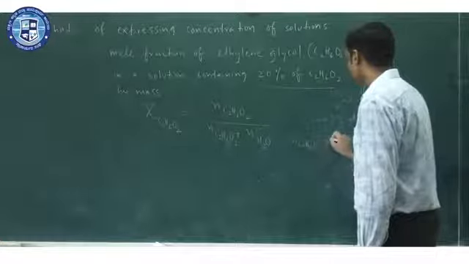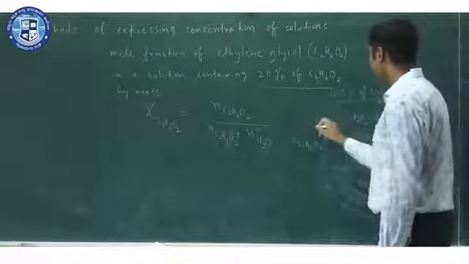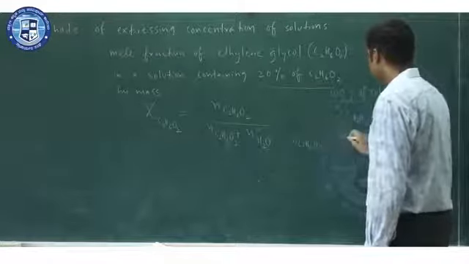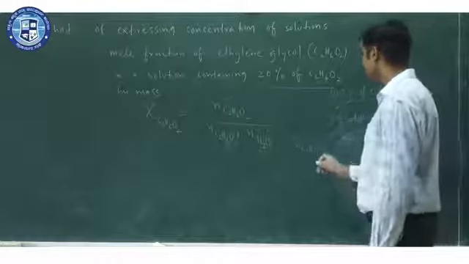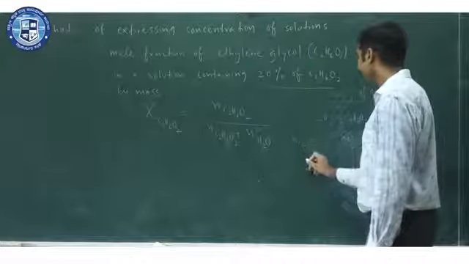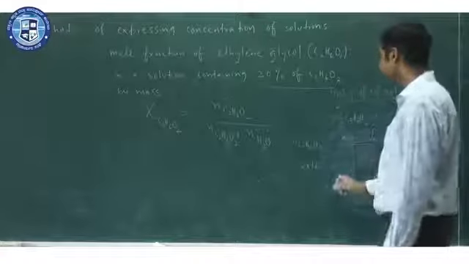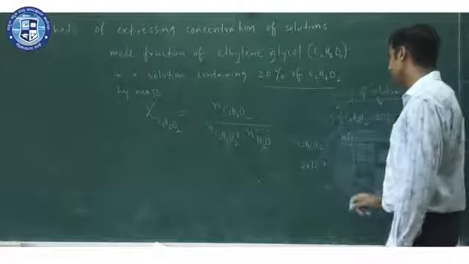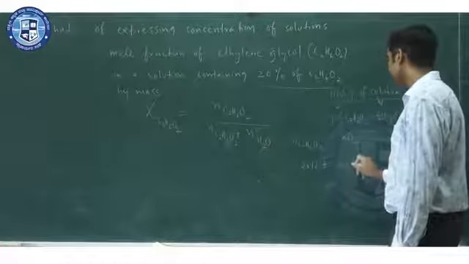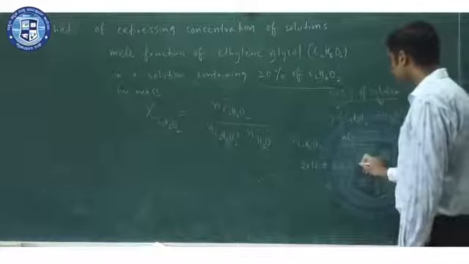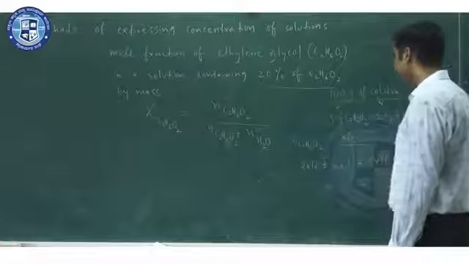With this information, number of moles of ethylene glycol will be mass divided by the molar mass. Mass of ethylene glycol is 20. What will be the molar mass of ethylene glycol? I got 2 atoms of carbon, 2 into 12. I've got 6 atoms of hydrogen, atomic weight approximately equal to 1. There are 2 atoms of oxygen, atomic weight of oxygen is 16.